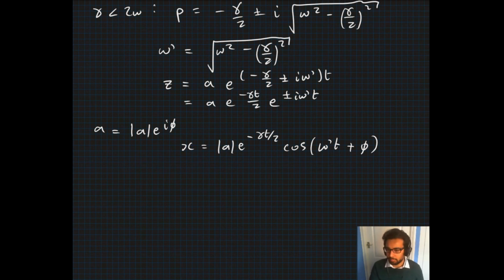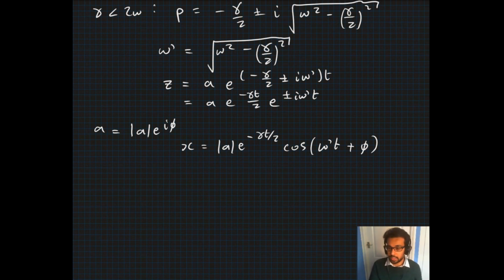And we can see that compared to the case without damping, damping has reduced the oscillation frequency from omega to omega prime. We know that omega prime is smaller than omega. It also adds an exponential decay term, e to the minus gamma t over 2, which will slowly decrease the overall amplitude of this solution x.